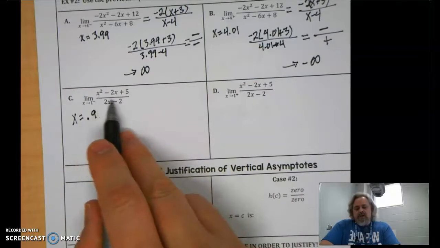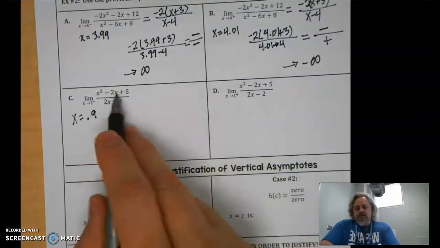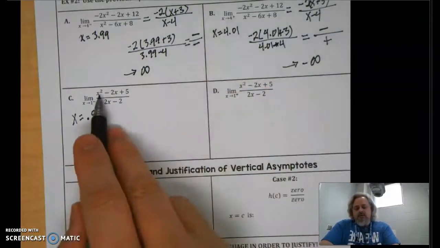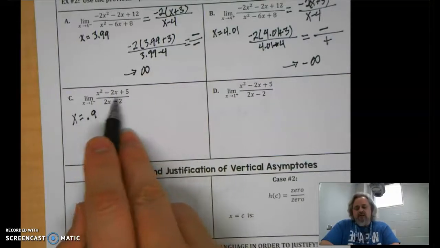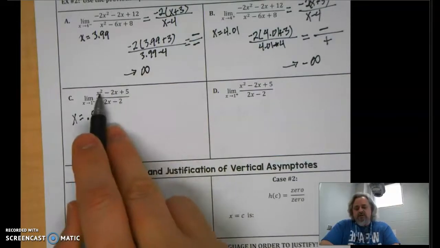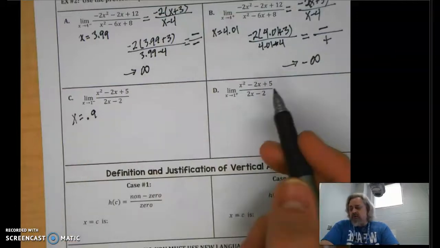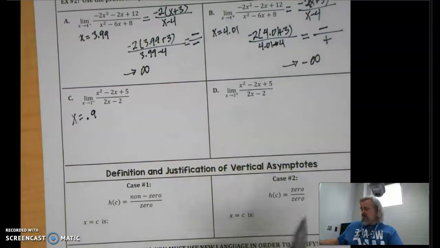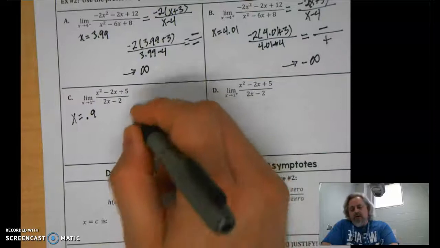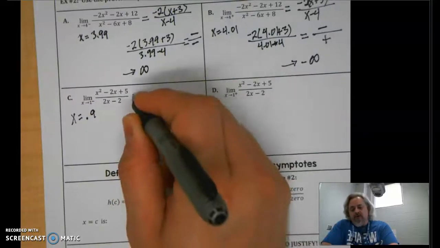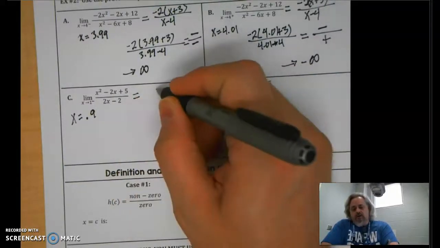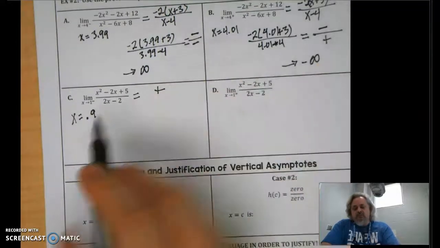So plugging that in, if I plug 0.9 into the numerator, 0.9 squared is positive. But here, I don't know. Is it all going to work out to be a positive number or a negative number? You could just go to your calculator, but I've already worked it out in advance. So the numerator is going to be a positive number.